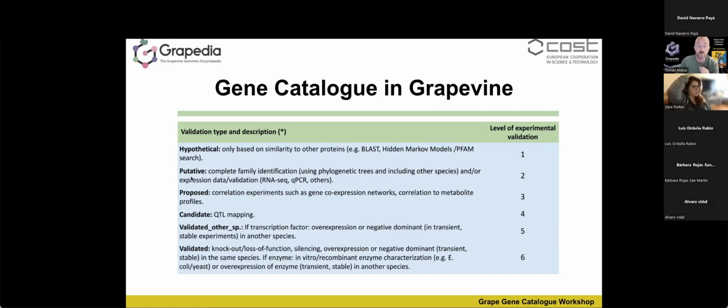The level 2 would be what we call putative functions, which include genes that have been identified in the whole gene family context. So imagine that we are interested in a transcription factor.